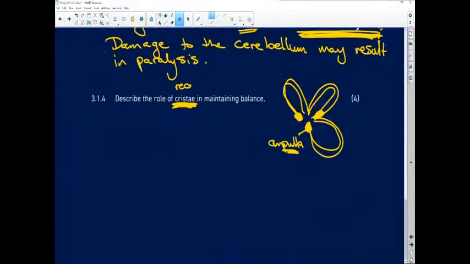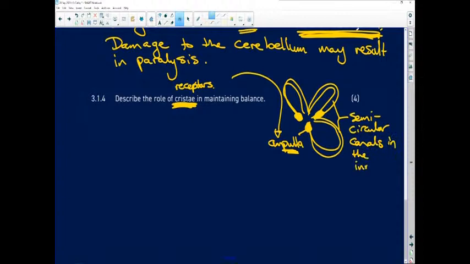So the cristae are receptors that are found inside the ampulla, inside the semicircular canals in the inner ear. Okay, so now we know what we're talking about. We say, right, cristae.